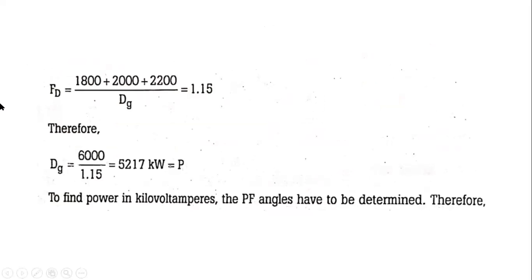Next we calculate the DG, or the generated power. That is P. P is equal to 1800 plus 2000 plus 2200, which is 6000, by diversity factor. Diversity factor is 1.15. That is equal to 5217 power.